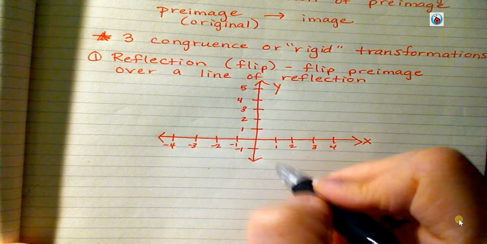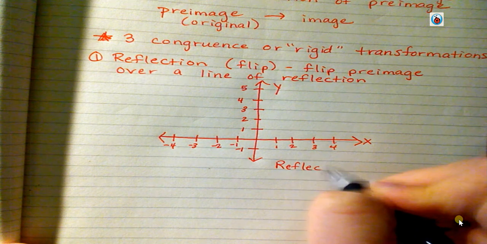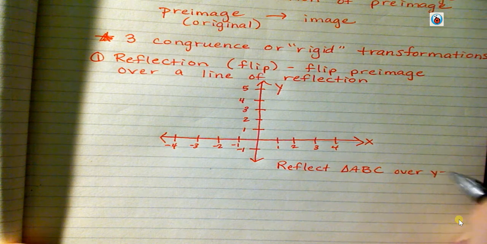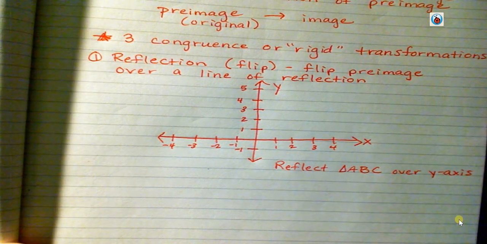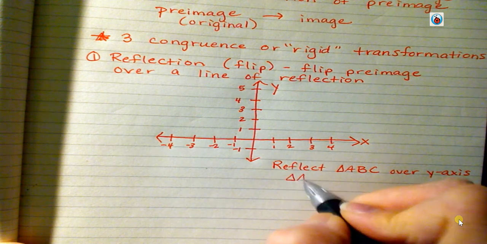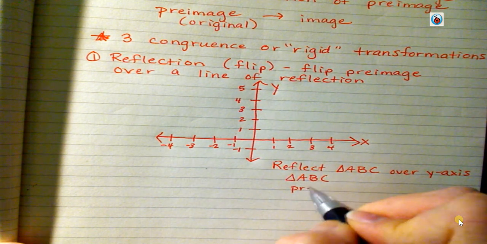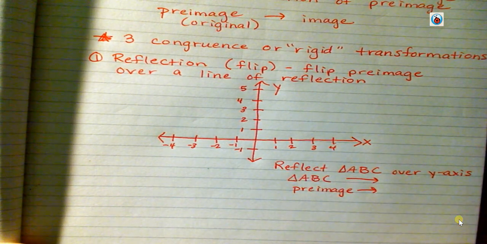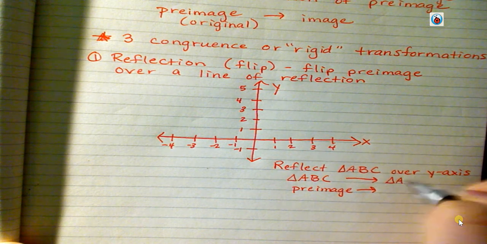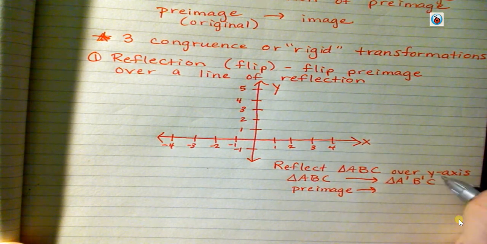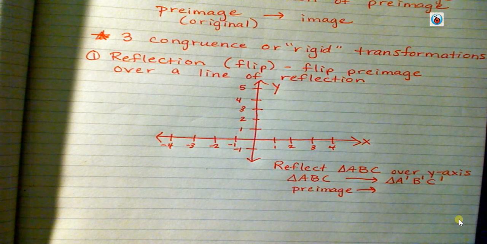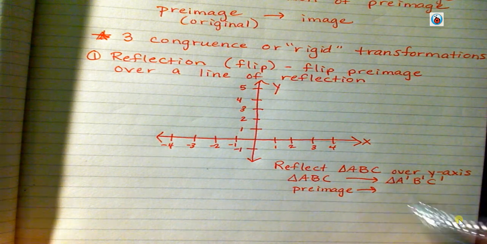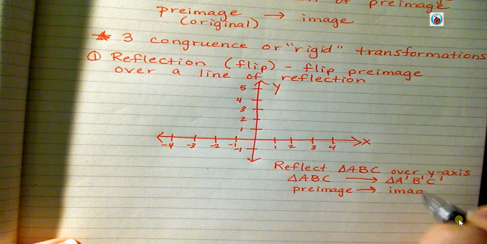We are going to reflect some triangle ABC over the y-axis. When we do that, we'll have triangle ABC, our pre-image, and it will become a new triangle that we will label A prime, B prime, C prime to show us our old point A, our old point B, our old point C, and our new point A, our new point B, our new point C. And that is going to be our new image.